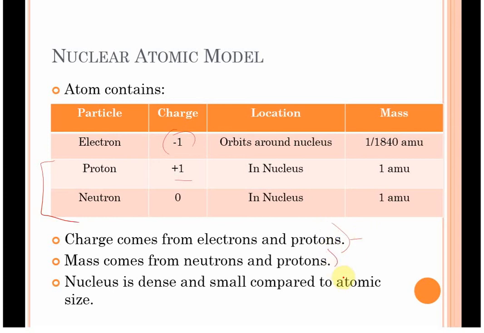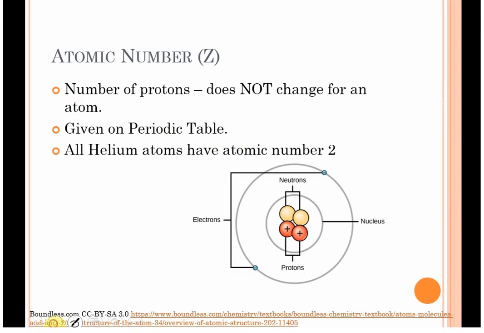The mass comes from the two larger subatomic particles, the proton and the neutron. Now, because the nucleus has these much larger particles, it is dense and much smaller in relationship to the overall atom. The atomic number, which we usually denote with the letter Z, indicates the number of protons.